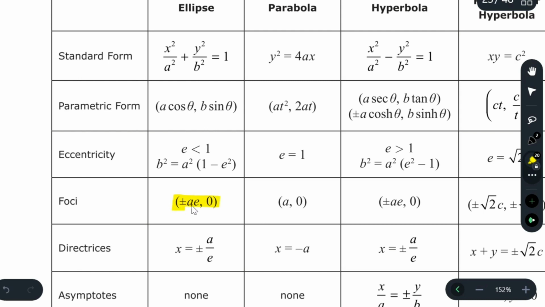The foci have coordinates plus minus AE, 0. To find the coordinates of the foci, we need the value of A, which we can find from the standard form of an ellipse. We also need the value of E, which we can find using the formula b squared equals a squared, lots of 1 minus e squared.